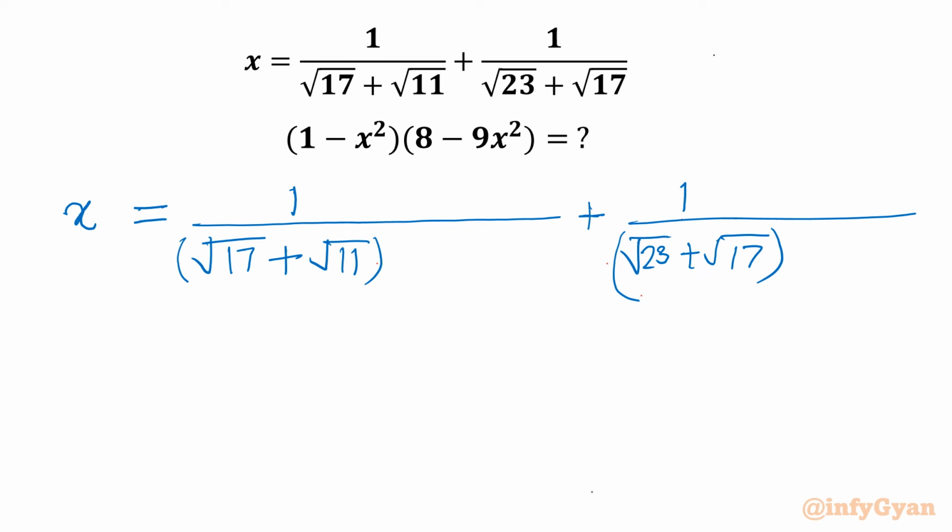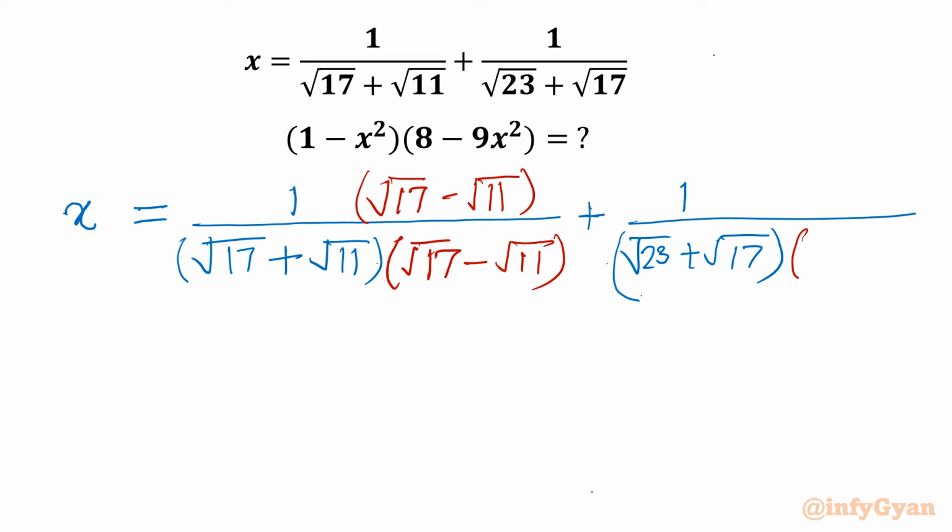So I will multiply here by the denominator's conjugate, root 17 minus root 11, so in the numerator also I need to multiply with the same. For the second term I will multiply with root 23 minus root 17, and in the numerator by the same.